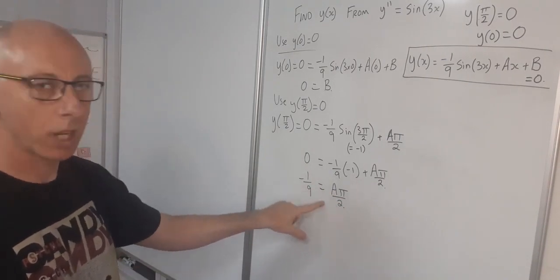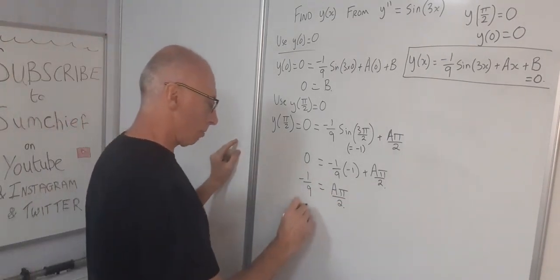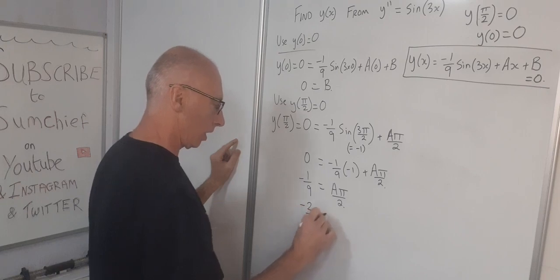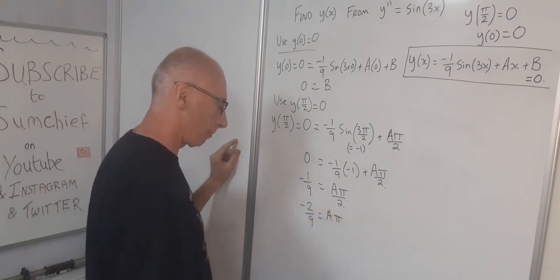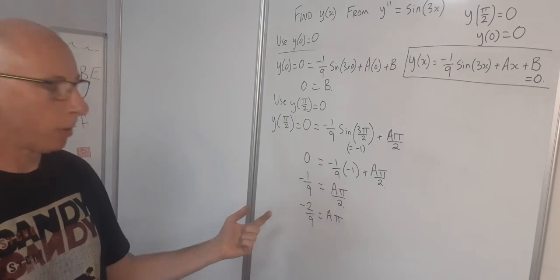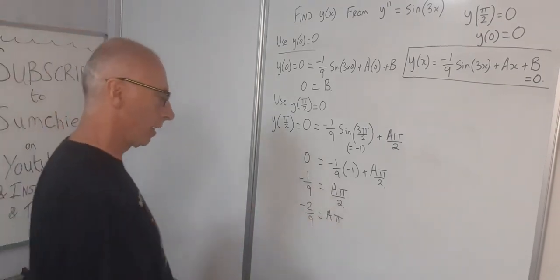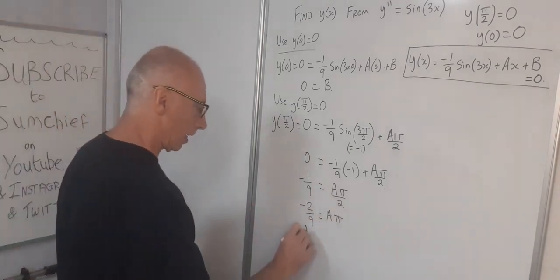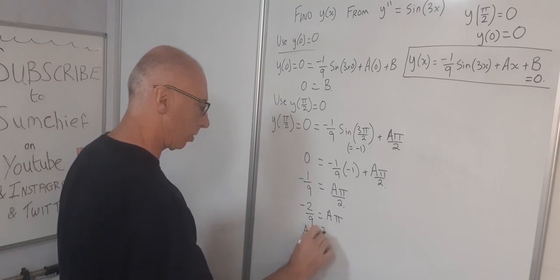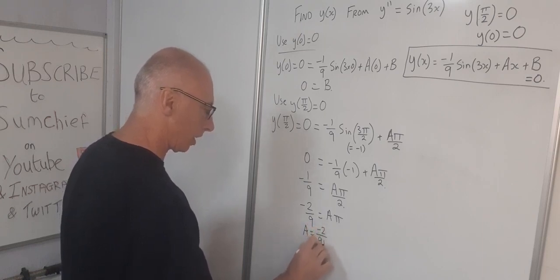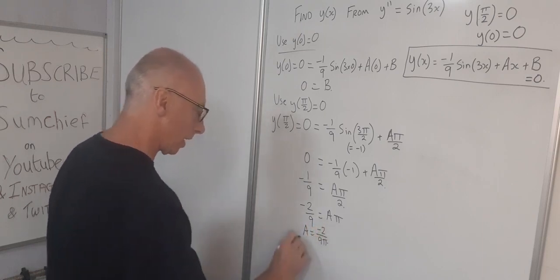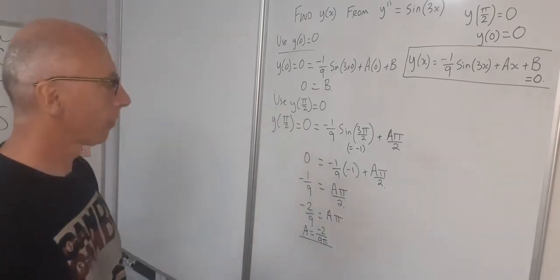If we multiply both sides by 2, we've got minus 2 over 9 equals a pi. And now we just divide both sides by pi. So now we've got a equals minus 2 over 9 pi. So that's our value for our a.